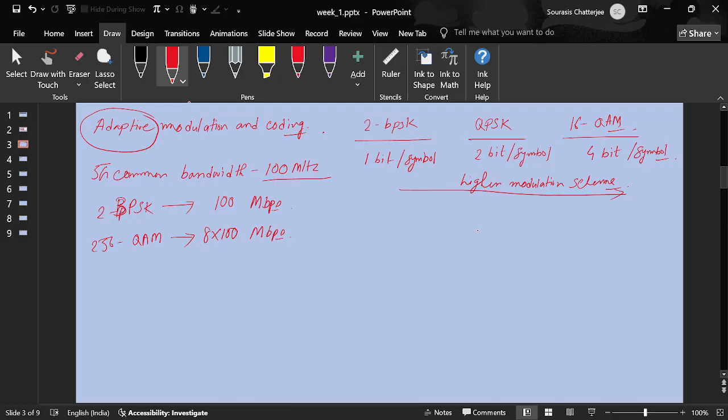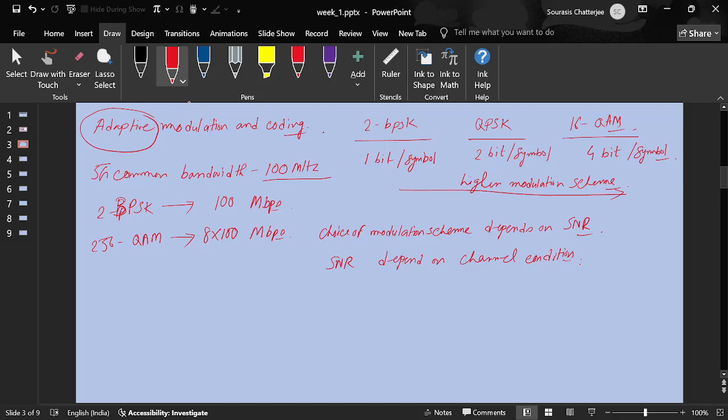So the choice of modulation scheme is not really up to me. It's highly dependent on your SNR, right? So let me write it down here. Choice of modulation scheme depends on SNR, and SNR depends on channel condition.